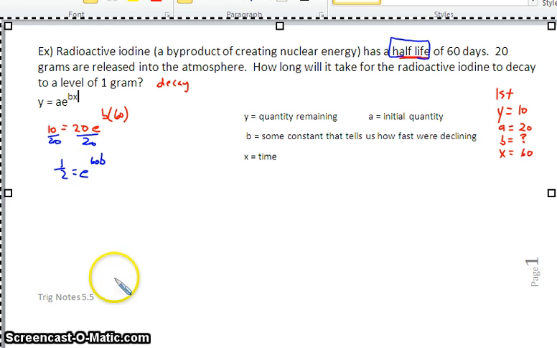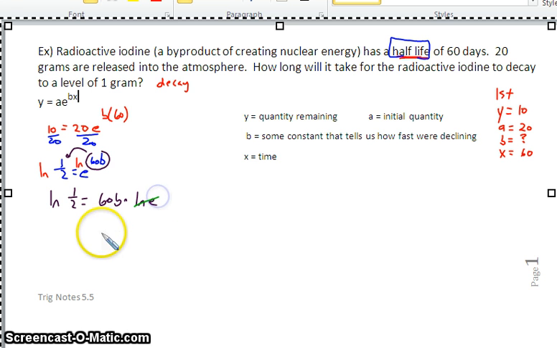So now how would you solve this? You would apply natural logs to both sides, which will allow me to write this as a coefficient out in the front. So natural log of half equals 60b times the natural log of e. Remember that natural log of e is really a 1, so we'll divide by 60 to get our b.